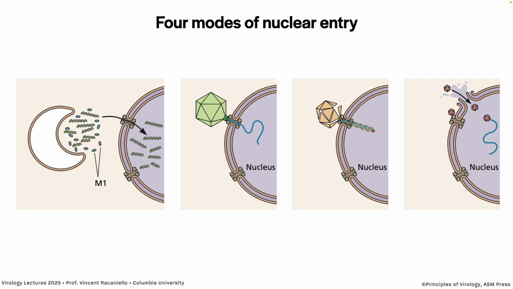So herpes virus sits on the pore with the portal right on the pore, and the DNA then shoots out. I told you how adenovirus gets broken up right on top of the pore. And adeno-associated viruses, parvoviruses, those tiny ones, actually bind to the nuclear pore and cause a disruption in the membrane, and that's how they get into the nucleus.